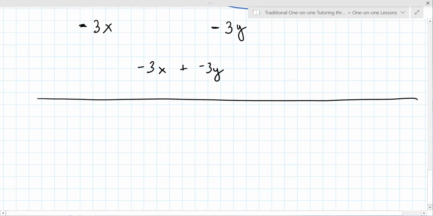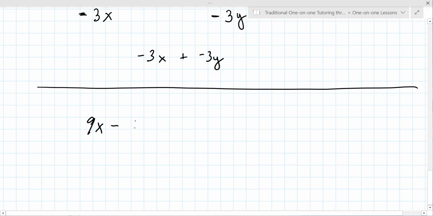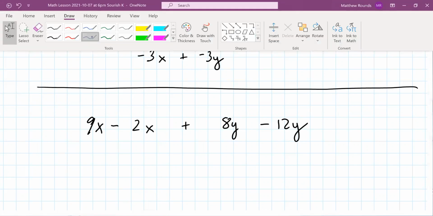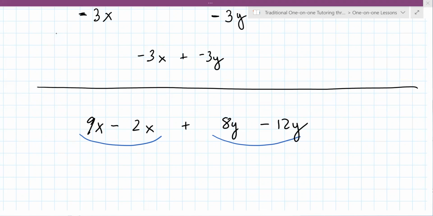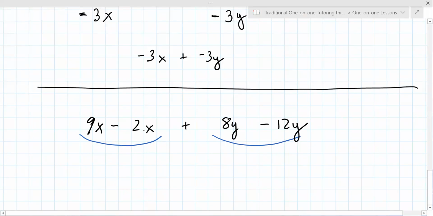Okay, let's try another one here. 9x minus 2x plus 8y minus 12y. And again, you have to do these as two separate problems and work them together. So this and then this. Okay. So which is bigger, 9 or 2? 9. So the answer is positive because 9 is positive. And then you take 9 and subtract 2.